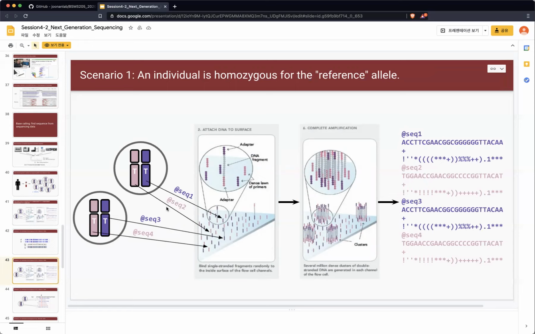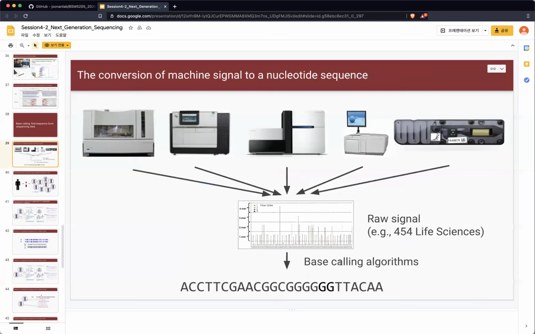And if you look at the raw data set, which comes from this base calling algorithm, this is the DNA sequence from the machine, right? This sequence information is stored in a certain file format called FASTA. This is not pasta, this is FASTA, right?